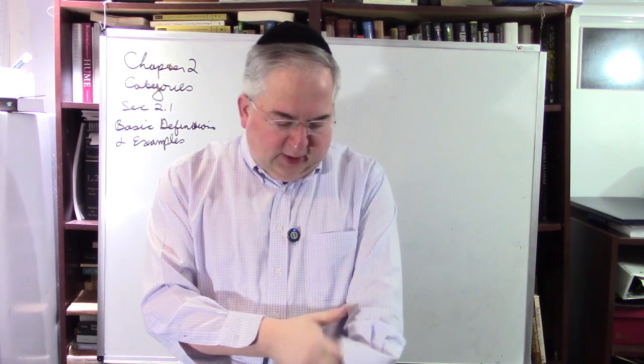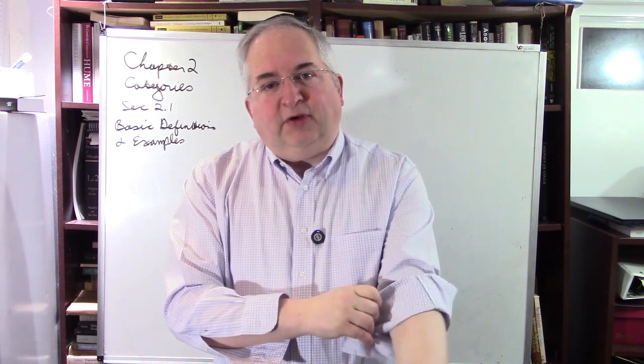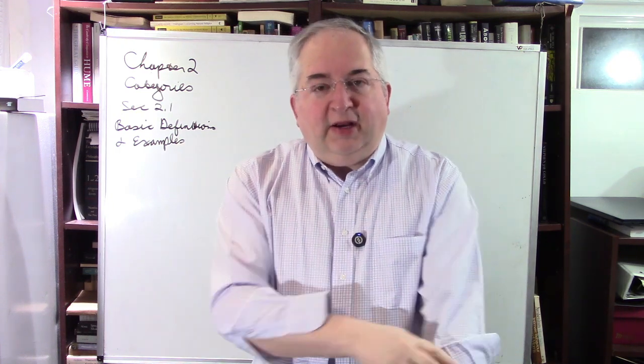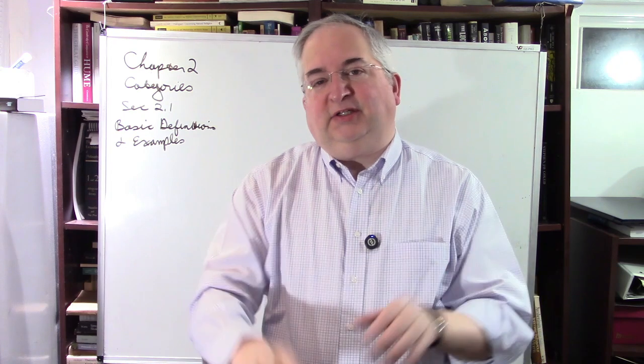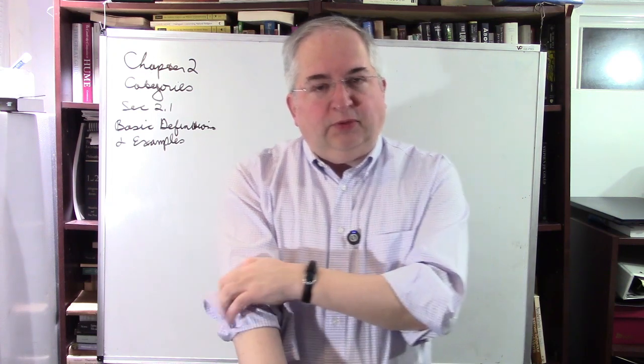Okay, so let's just go through what we're going to do. We're going to remember a few things about what we did in the last video, and then we're going to give a formal definition of what a category is, and then we do tens and tens of examples of different categories, and we go through them.